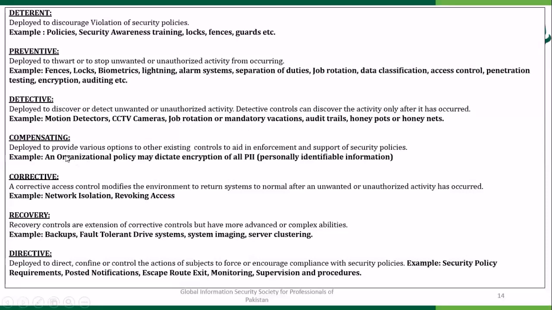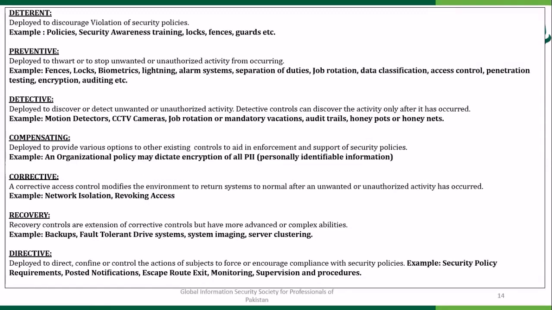Then you have your compensating controls, corrective controls, recovery, and directive. I won't spend too much time on this because these are essentially quite self-explanatory. You'll have this piece of information with you, so you can go through this. And if you have any questions on this, you can raise them over here, and I'll try and answer them.